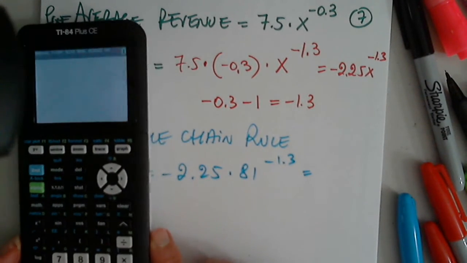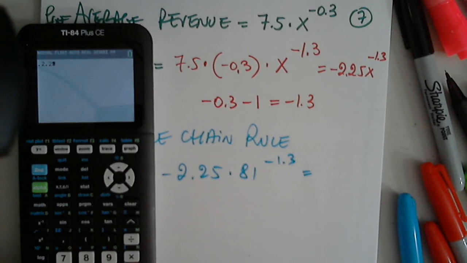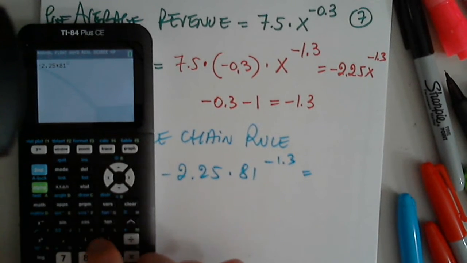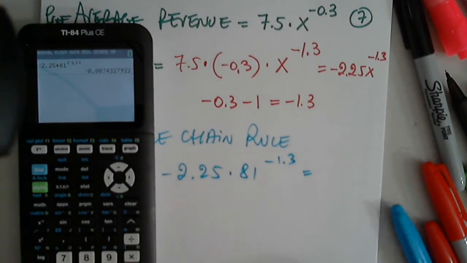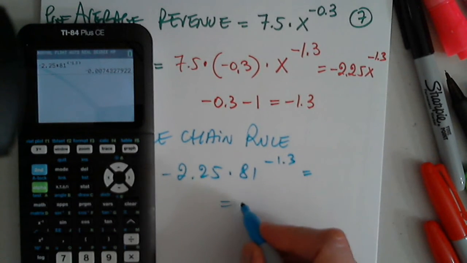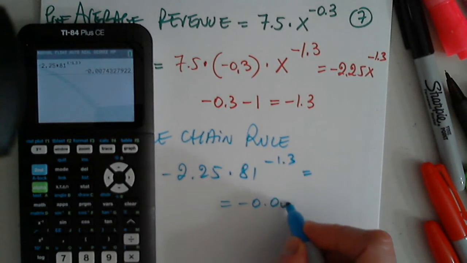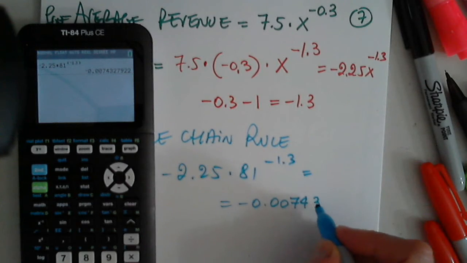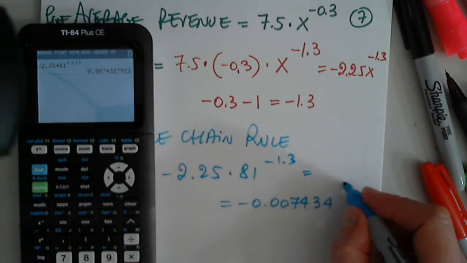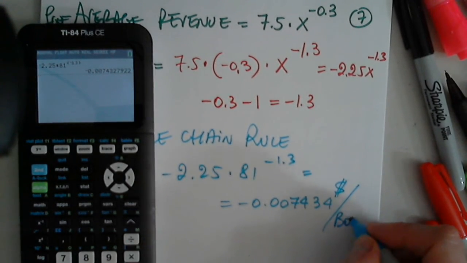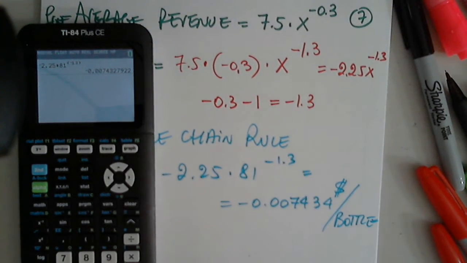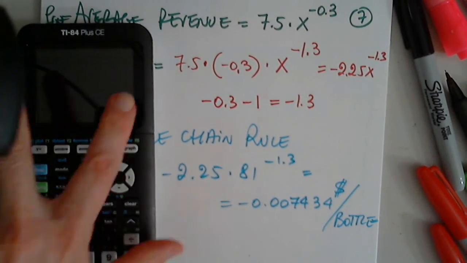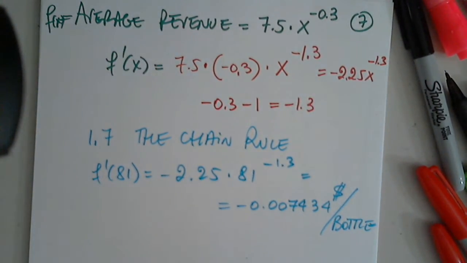I forget what I'm doing. So negative 2.25 multiplied by 81. Don't forget the power in parentheses, negative 1.3. Close, enter. Okay, here it is. Negative 0.007434 dollars per bottle. Thank you for reminding me what I was doing. Well done.